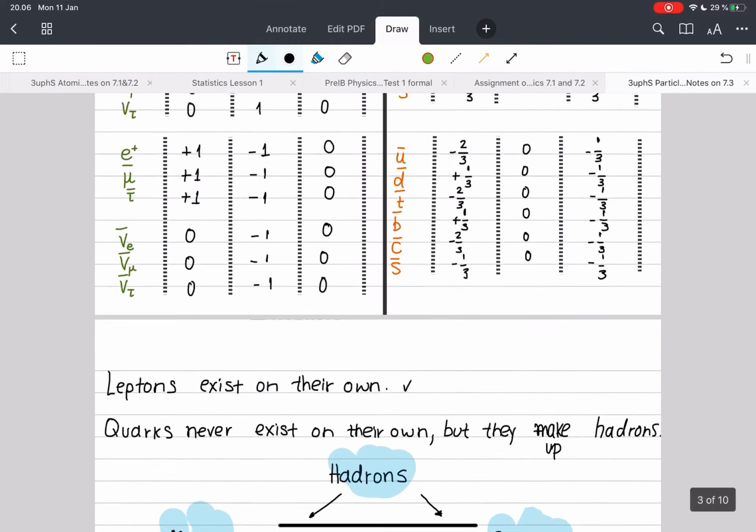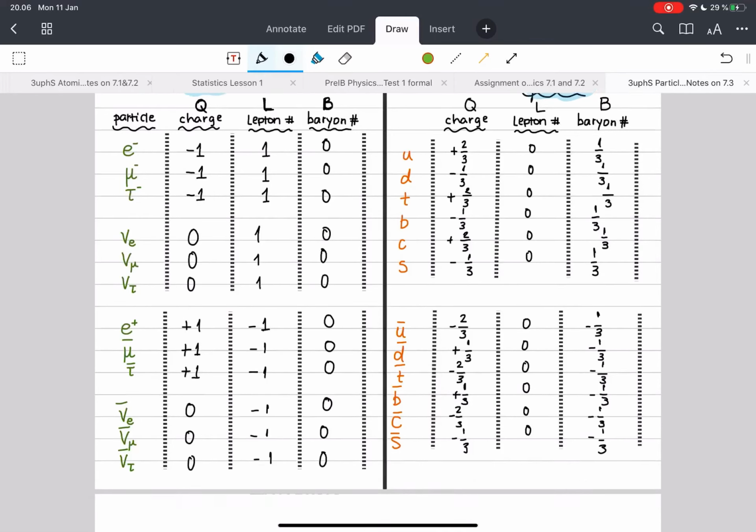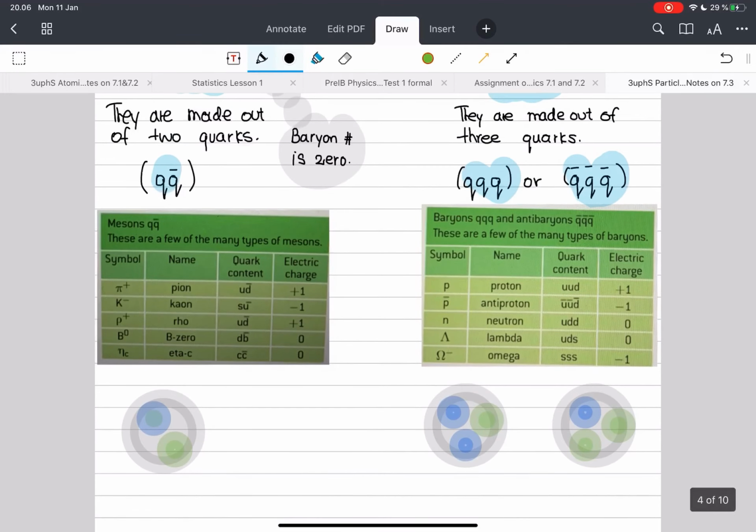The charge of the U is +2/3, and for the anti-D is +1/3. So the charge would be +2/3 from the U, +1/3 from the anti-D. That would make 3/3 or 1. So that is why the electric charge of the positive pion is 1. So even if they don't give us this and they give us the quark content, we can actually find out what the charge is.